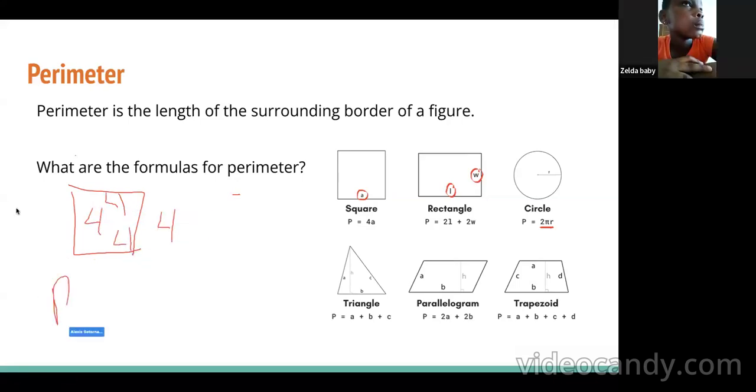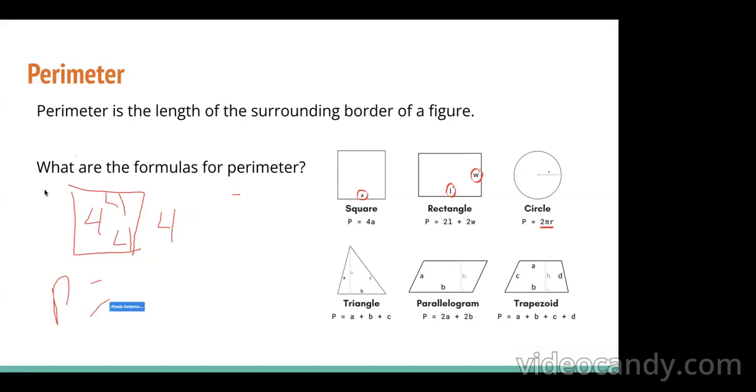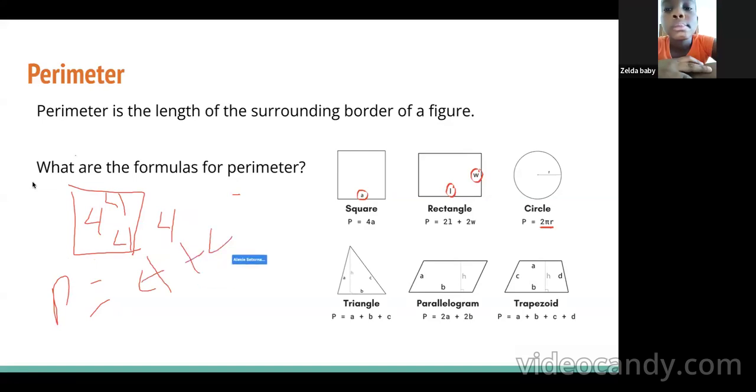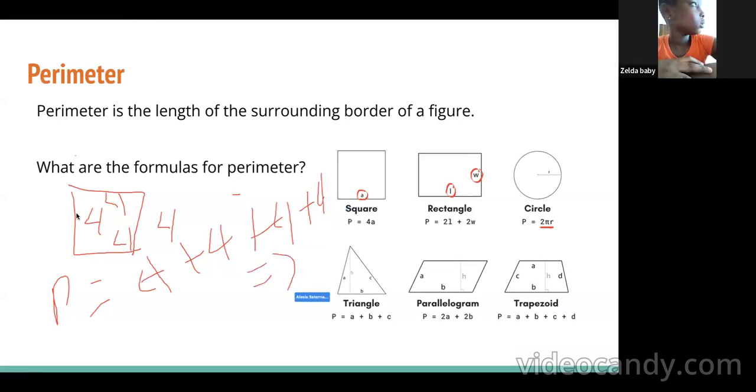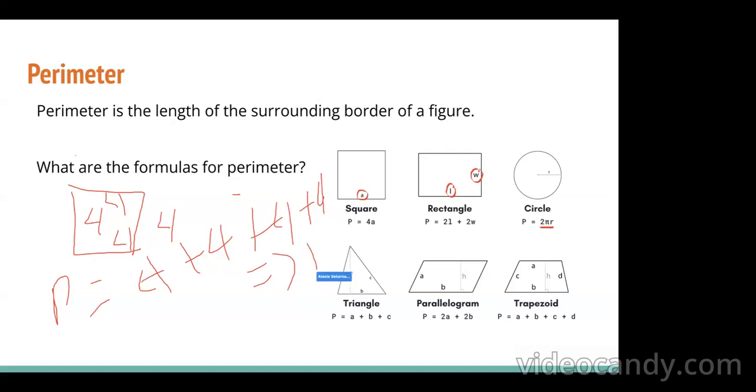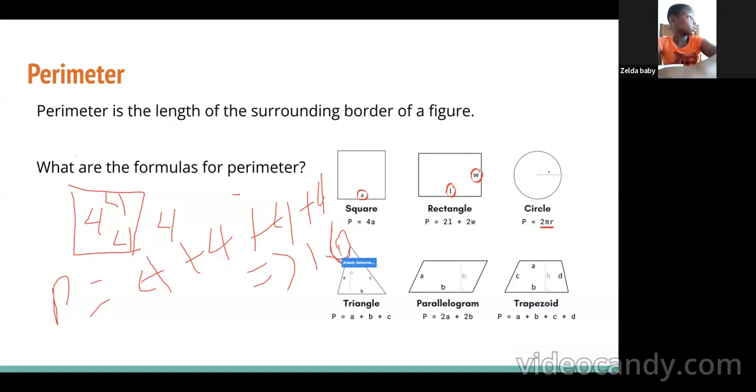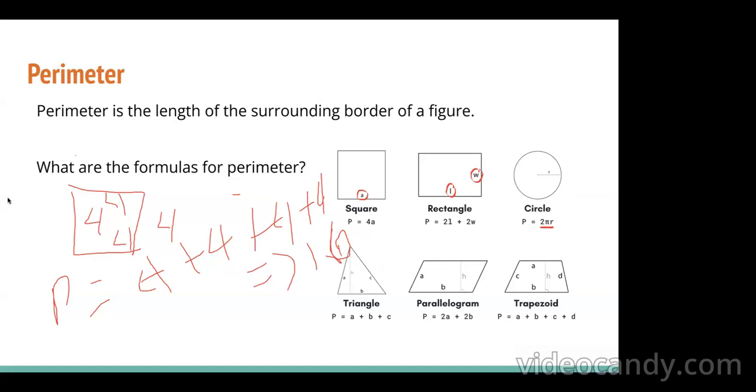And our teacher said that if you want to find the perimeter, just add 4 plus 4 plus 4 plus 4. And is that a type of perimeter? Yeah. So that's kind of what we're going to be doing.